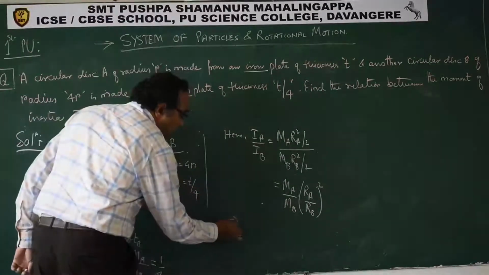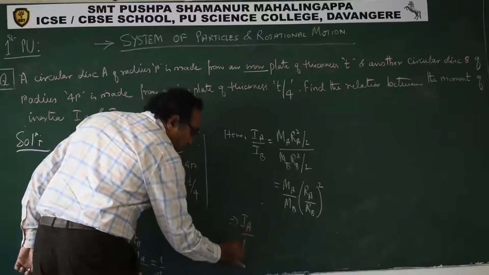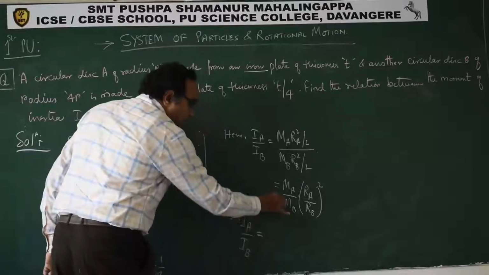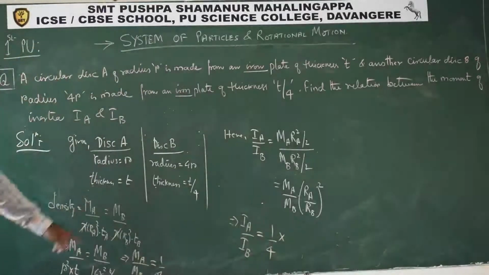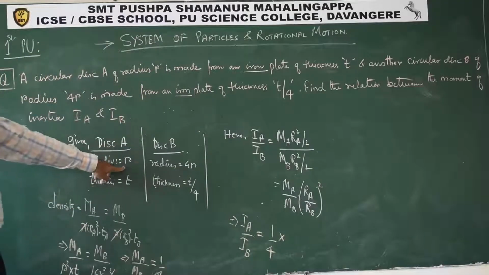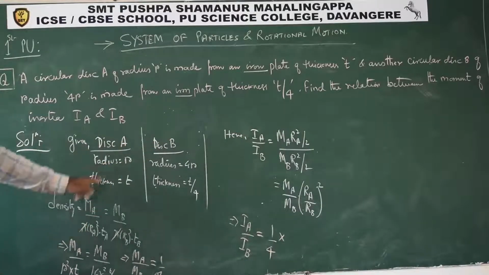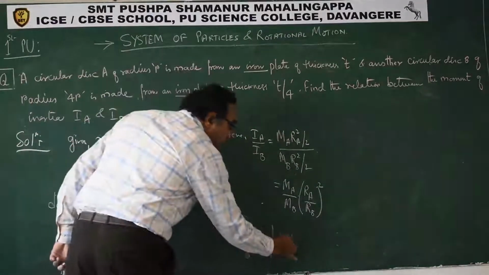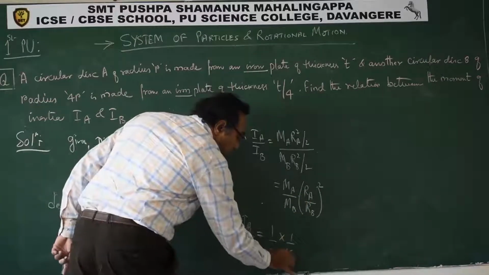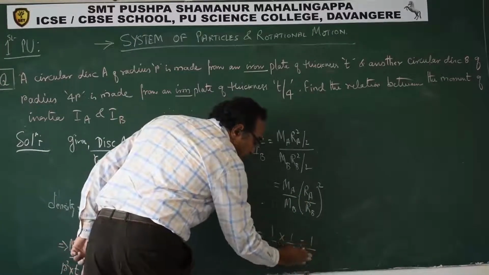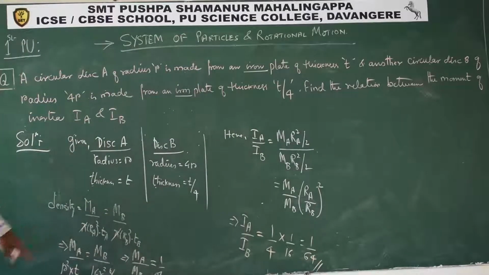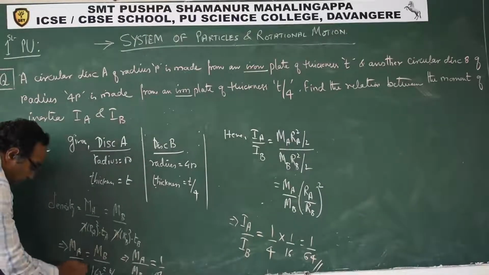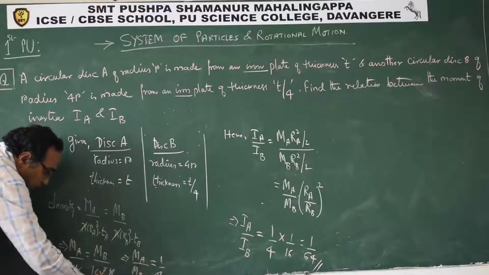So from this we can say IA upon IB is MA by MB, which is 1 by 4, into RA by RB, where RA is R and RB is 4R, so we get 1 by 4 squared, so 1 by 16, so that is 1 by 64. This is exactly how we can work out the relation between them. Please concentrate here: r square t cancels out, 4 by 16.